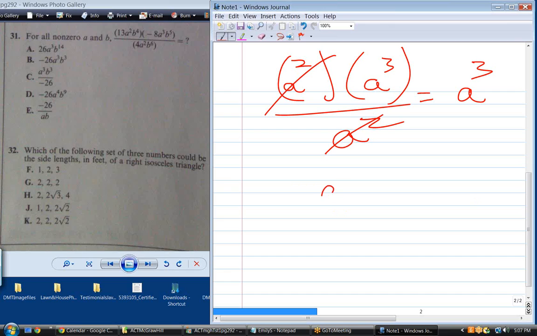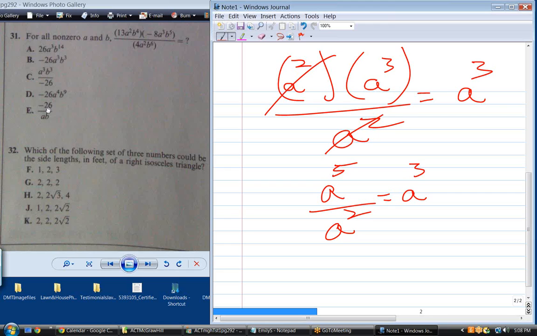And you could also do it A to the 5th, by doing the numerator over A squared, and that's where you got your 5 over 2. But when you have division going on, you subtract the exponents, and so you still come up with A to the 3rd. Okay, so now our choices are B, not D anymore, not E, we're done.